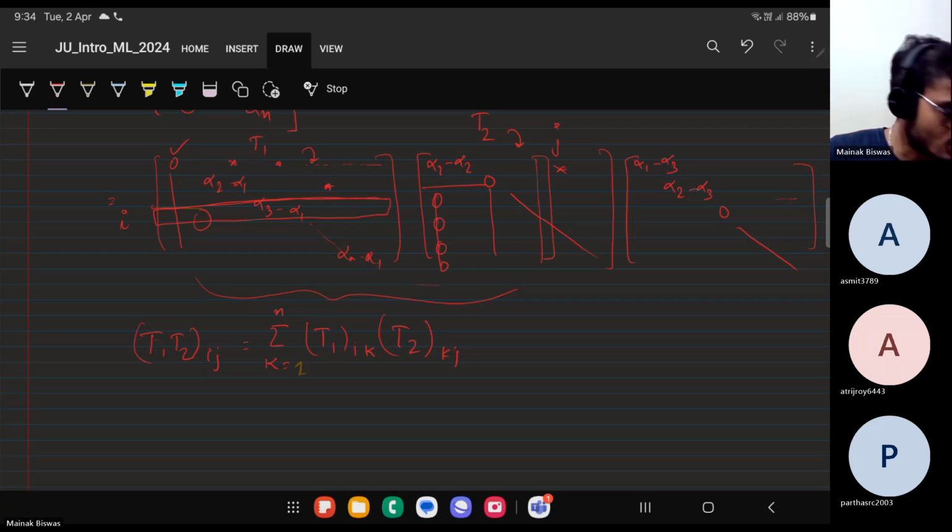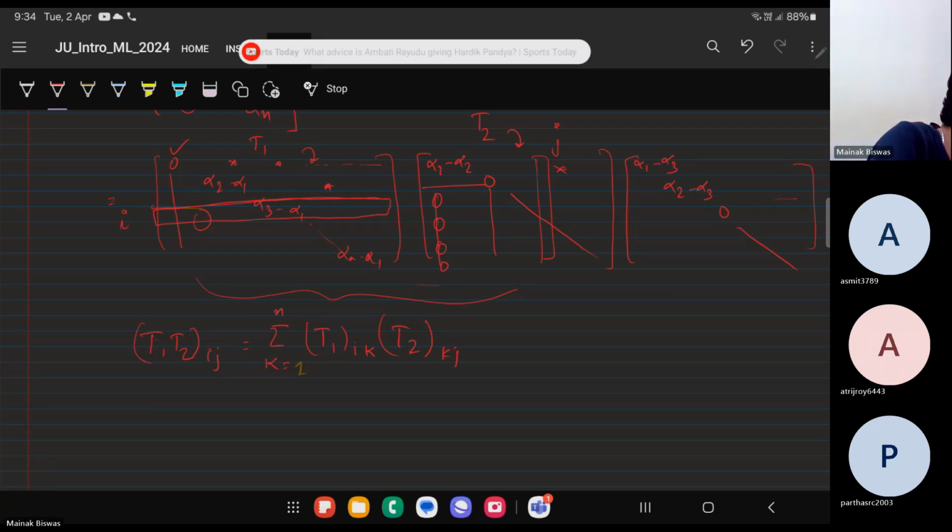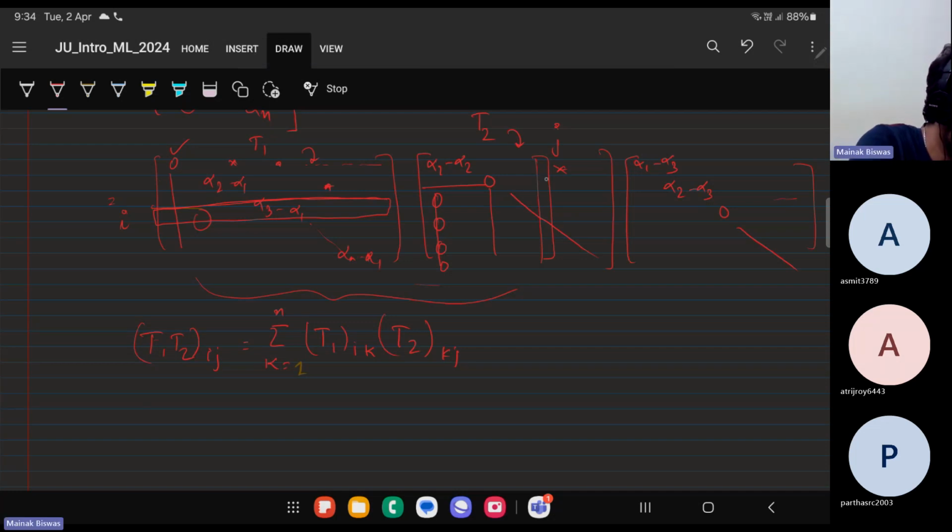Yes. So now tell me, for the ith row and the jth column, if j is greater than i, what is the value? For k greater than j, what will happen? And for k less than i, what will happen?